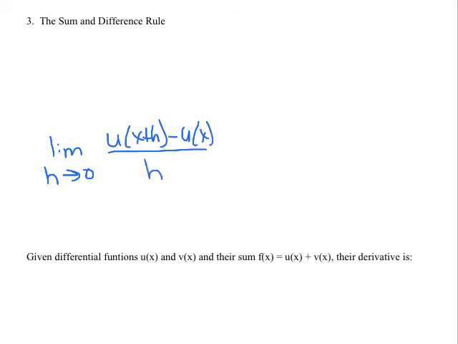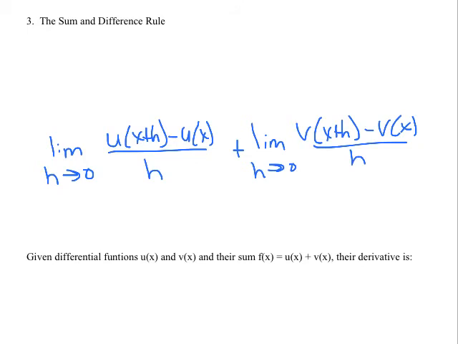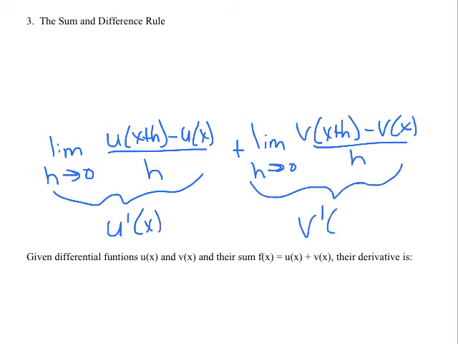Using my limit laws, that's also plus the limit as h approaches 0 of v of x plus h minus v of x all over h. So by definition, this is u prime of x. And by definition, this is v prime of x.